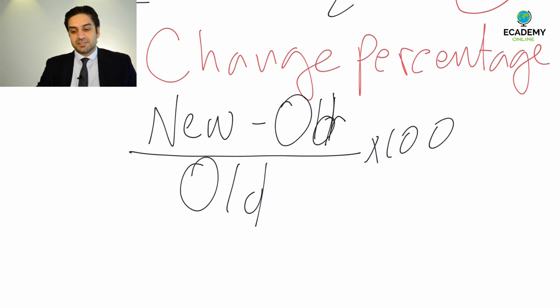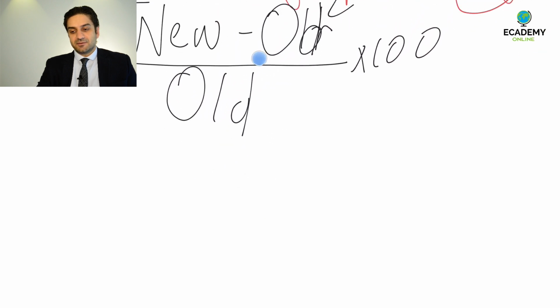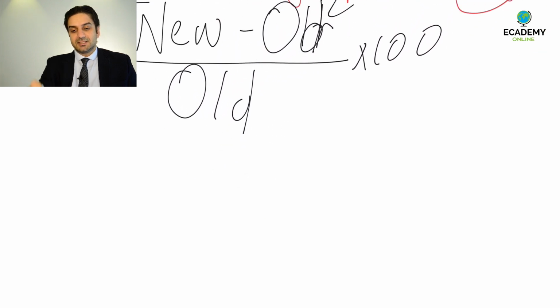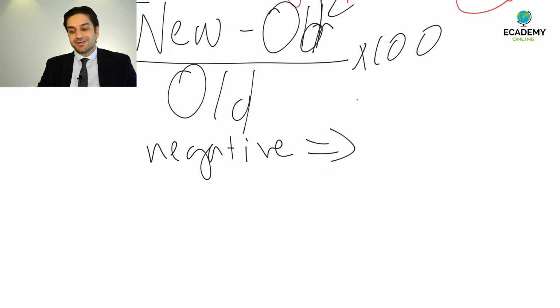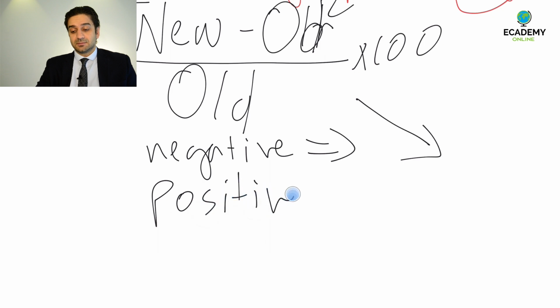So what's going to happen is, if it is negative, that means the difference between new and old is negative, then we have decreased. The change is a negative change, it's a decrease. If it's positive, then we have an increase, because the new is greater than the old.